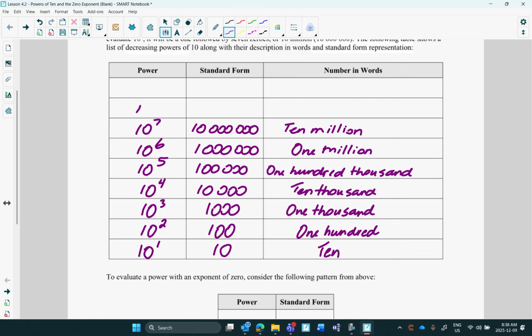10 and 8 zeros, 100 million. And finally, 10 to the 9: a billion. 1 billion.